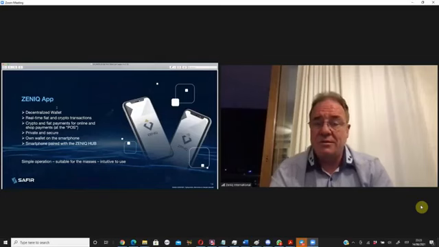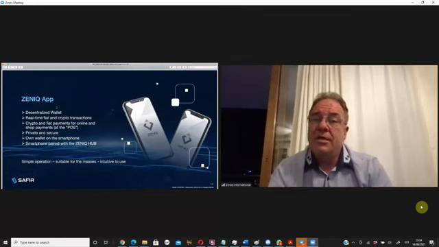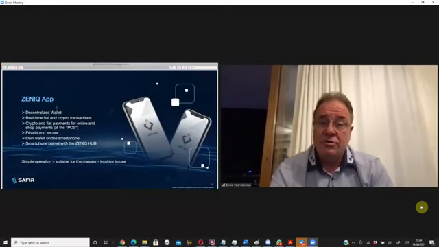No one else than you has access to this wallet. You can perform real-time fiat to crypto transactions. You can also use it as a POS terminal. It's private, it's secure, it's your own bank in the hand of your cell phone.